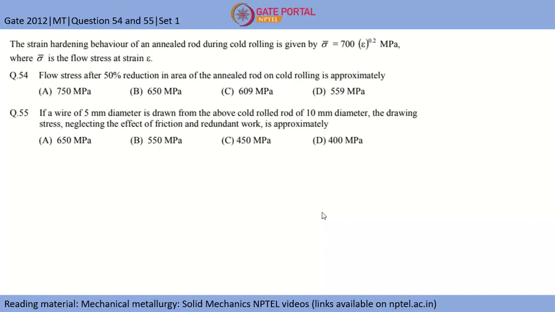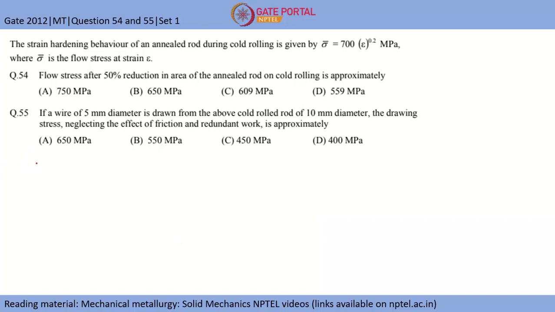We have to find the flow stress after 50% reduction in area of an annealed rod on cold rolling, which is approximately: option A is 750 MPa, option B is 650 MPa, option C is 609 MPa, and option D is 559 MPa.